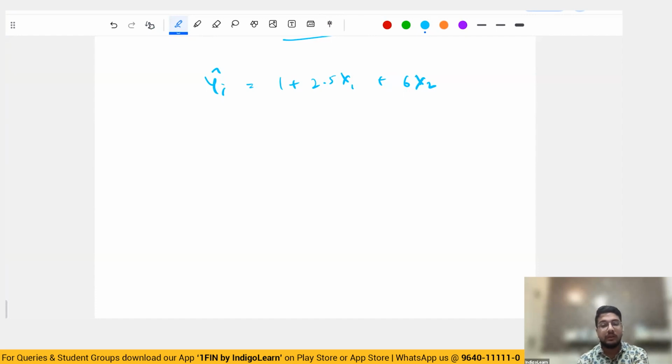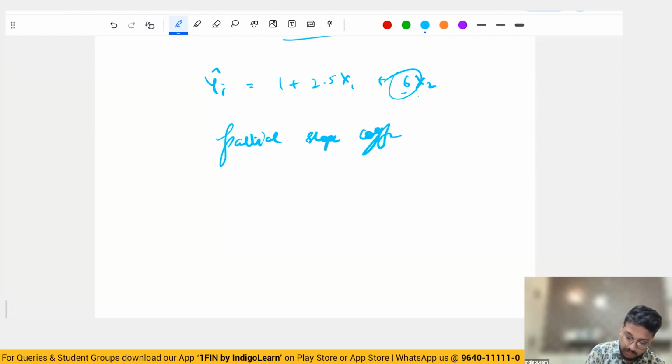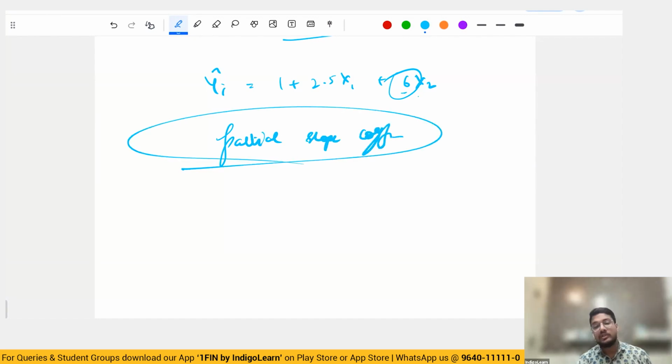Even in your exam, you might get a question where you are given a certain equation, and they might ask what 6 is in this equation. So 6 is basically my partial slope coefficient, which means the change in y when x2 is changed by 1 unit, keeping x1 constant.